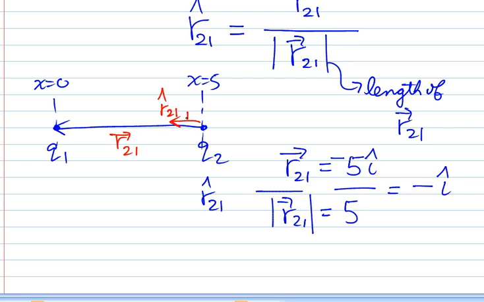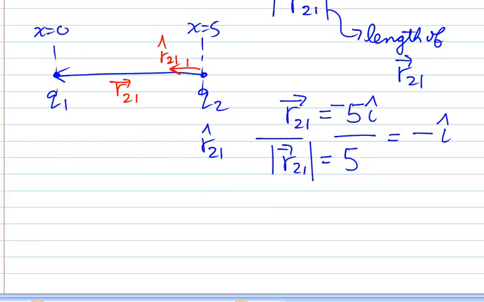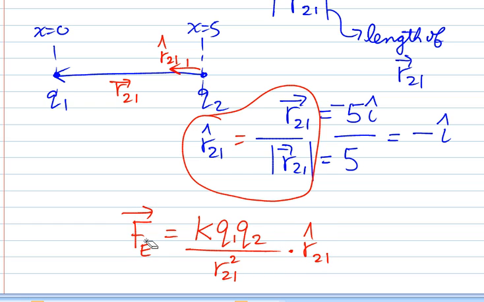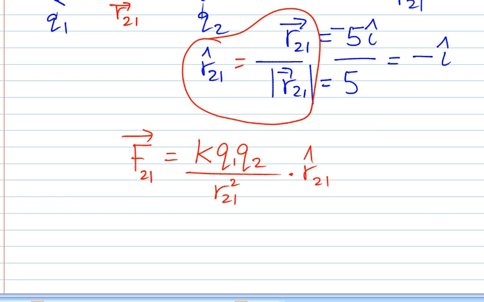Okay, so far so good? Maybe. Now the last step is to take this definition right here and plug it into Coulomb's law, so that the electric force is k q1 q2 over r21 squared times r hat 21. And this is the force between 2 and 1. So now what I do is I take this expression for r hat 21 and plug it into here.